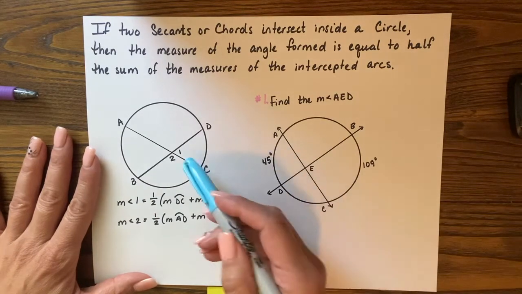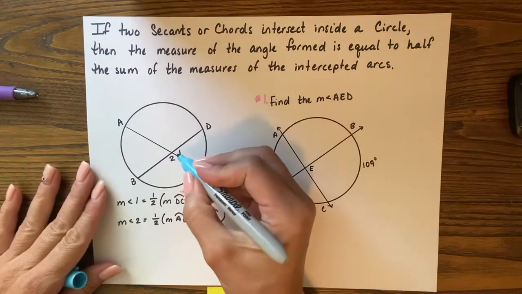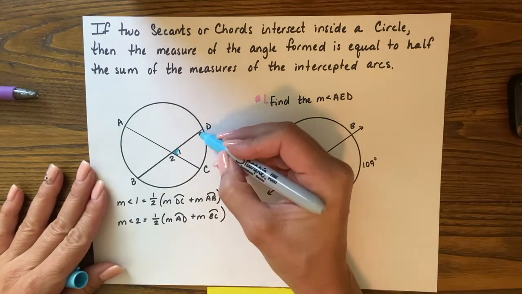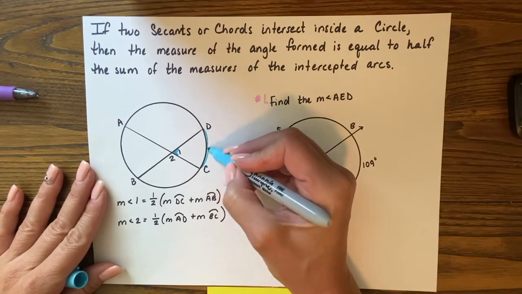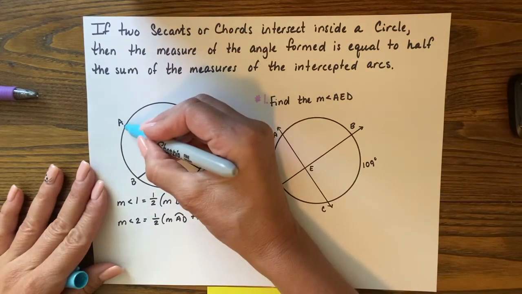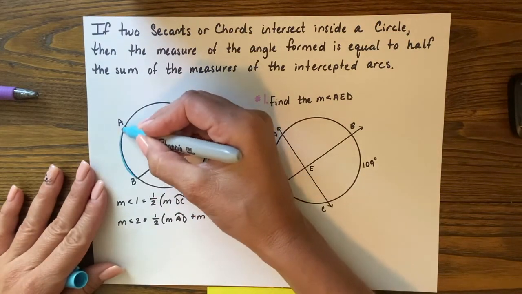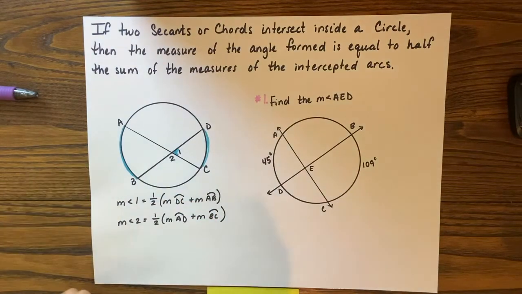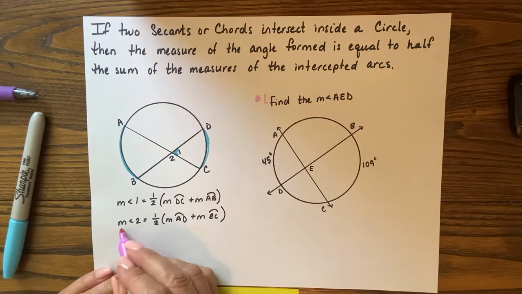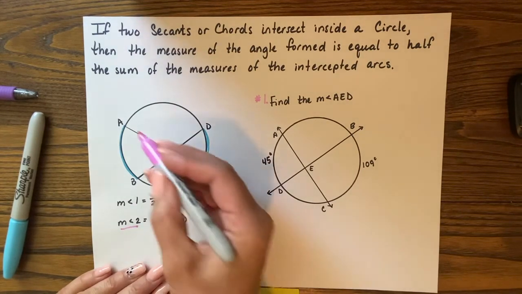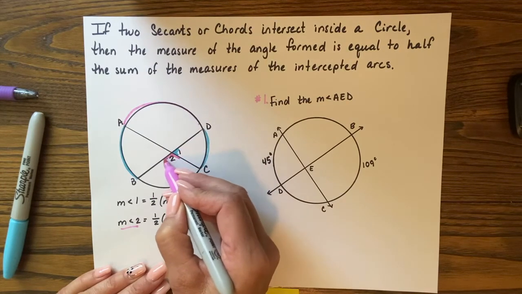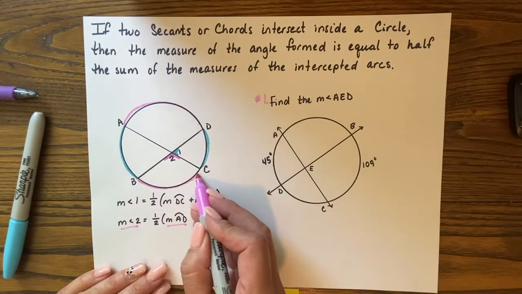And if I'm talking about finding the measure of angle 1 right here, I'm going to focus on the arc of DC, and I'm going to add that to the measure of arc AB right here. But if it's angle 2 that I want to find, then I would focus on the measure of arc AD here and the measure of arc BC here.